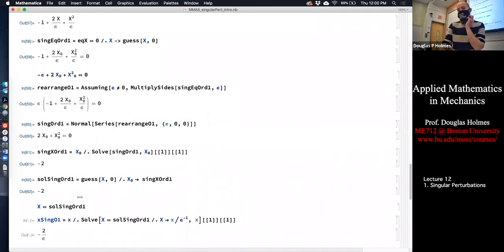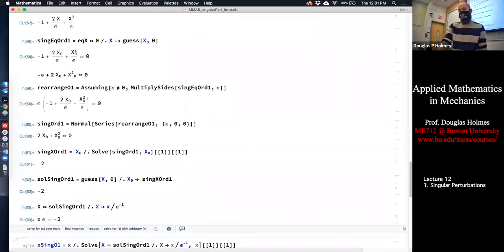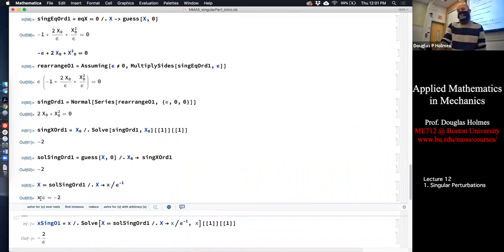And so what we'd like to do is to take this equation that we have here for our solution and then replace x with our change of variable of x over epsilon to the gamma, but gamma is equal to -1. And that looks like this. And solving that for x is trivial.